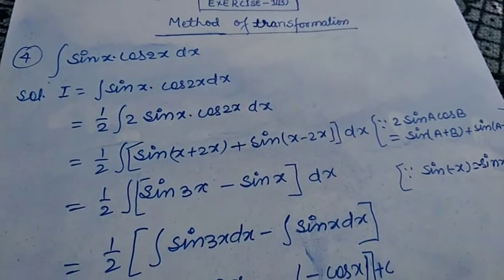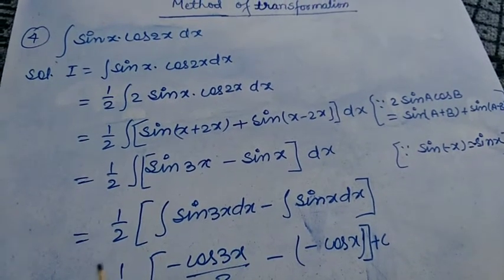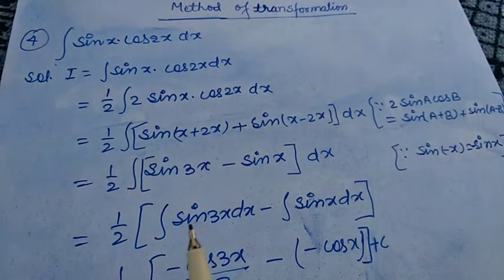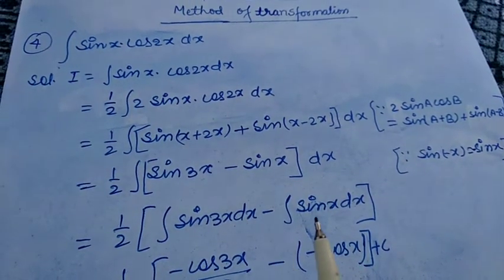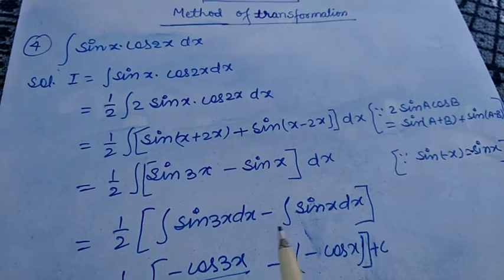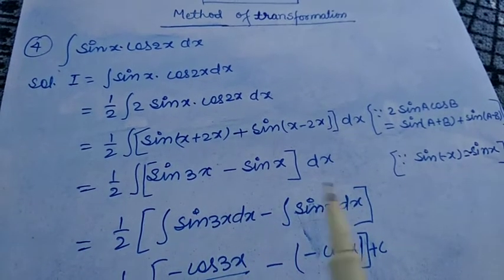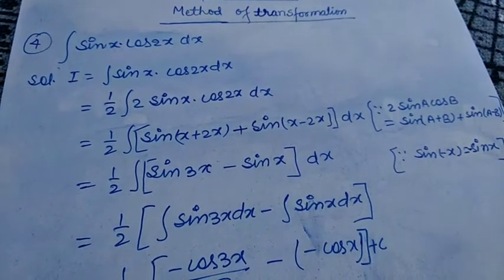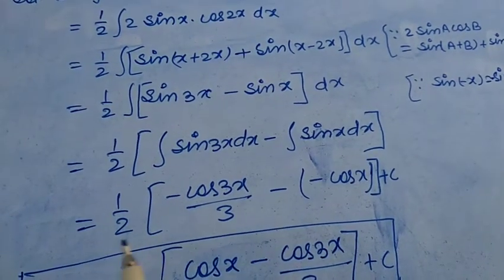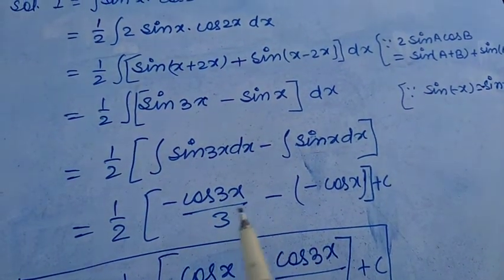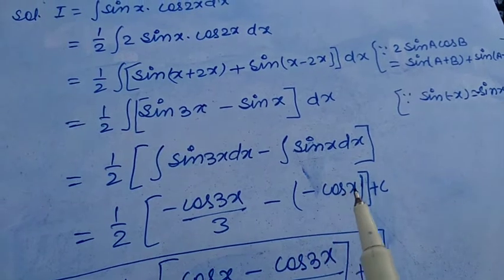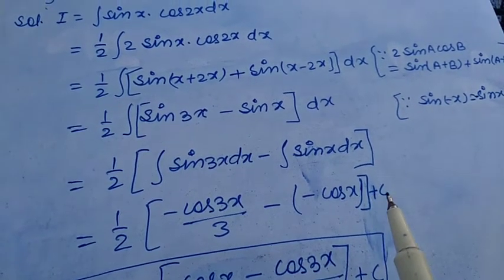You can see here, in the next step, we have written 1 upon 2 into integration of sin 3x dx minus integration of sin x dx. We have individually integrated it here. So it will be 1 upon 2 into minus cos 3x upon 3 minus cos x plus c.